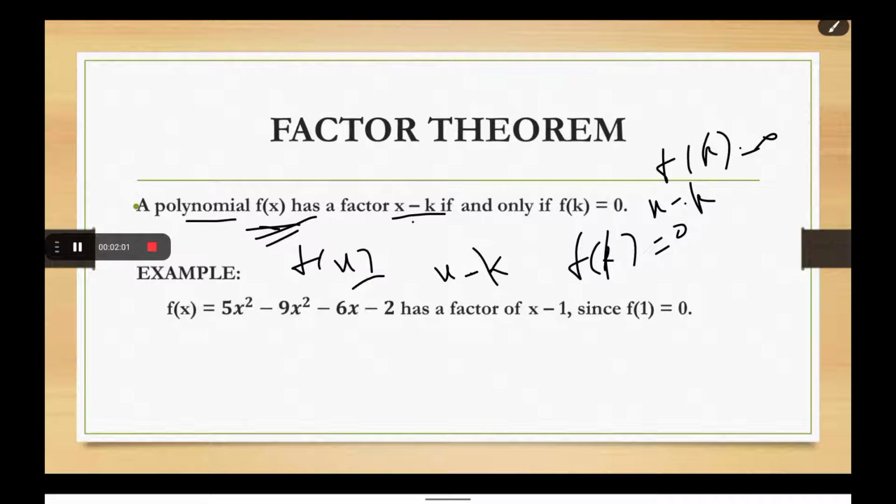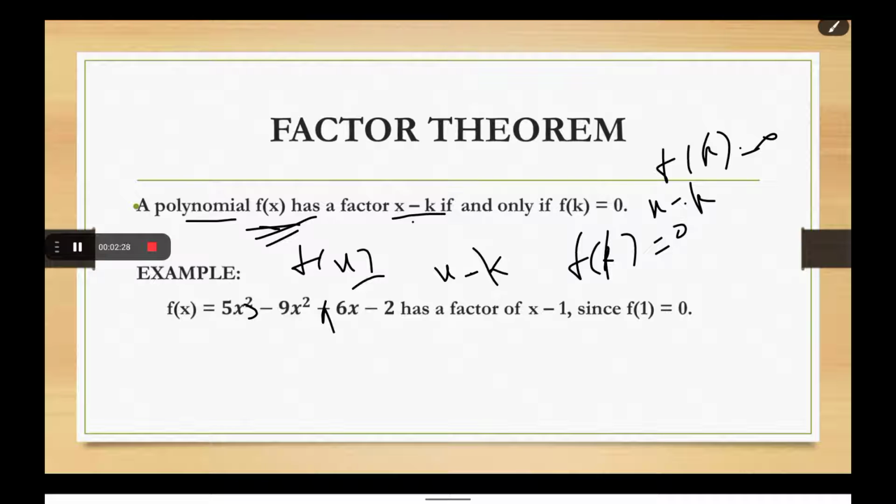Here is one example related to this factor theorem: f of x equals 5x cube minus 9x square plus 6x minus 2 has a factor x minus 1 since f of 1 equals 0. Sorry, this is cube, 5x cube. This is one polynomial, and it has a factor x minus 1.